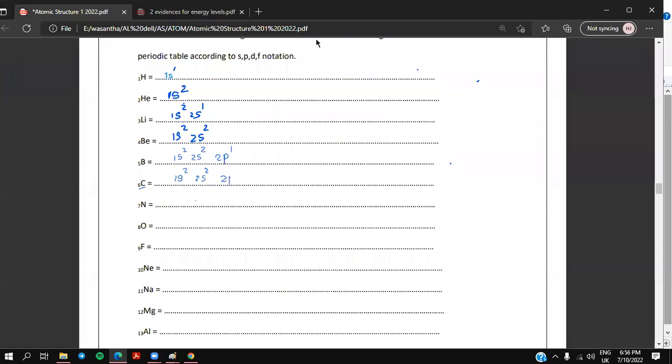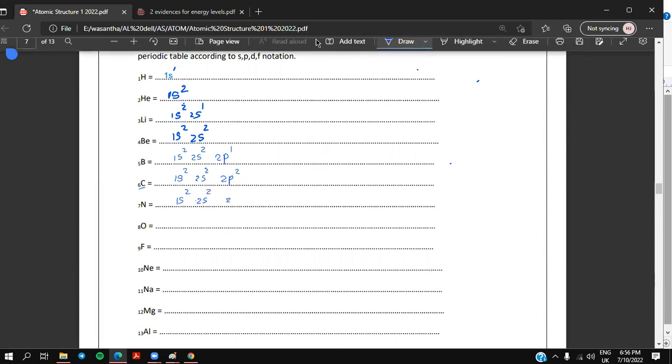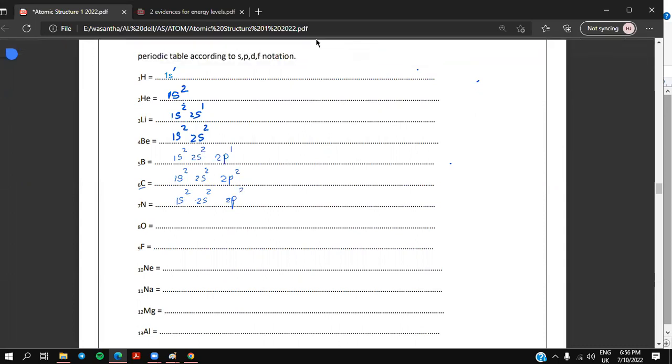I write 2p2. When I go to nitrogen in that manner, 7 electrons: 1s2, 2s2, there are 3 more electrons remaining. So you write 2p3. The p subshell can have a maximum of 6 electrons.